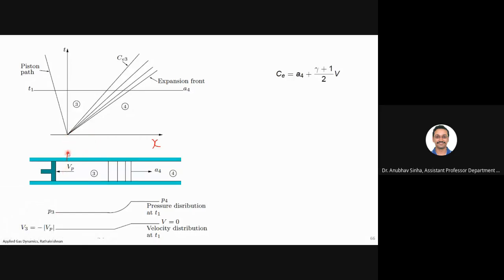Let us say it started from here, the origin, and it started to move back, so the piston is going in the negative x direction. The y-axis shows time. With time, the piston location is more and more negative x, and let us say it is moving at a constant velocity.